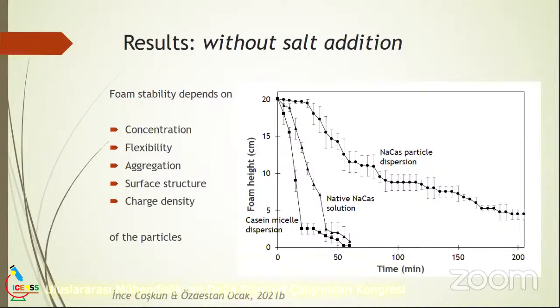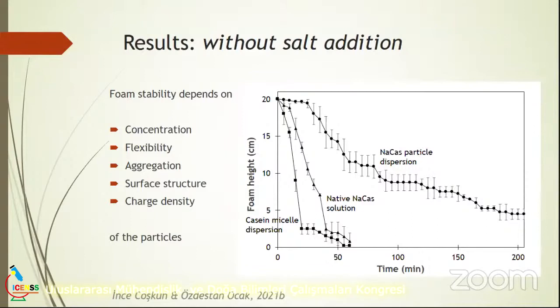But of course, the flexibility or the aggregation rate and the charge density of these systems are different, because sodium caseinate particles are formed at pH around 4, so at their isoelectric points, and the native sodium caseinate and casein micelles around 7.